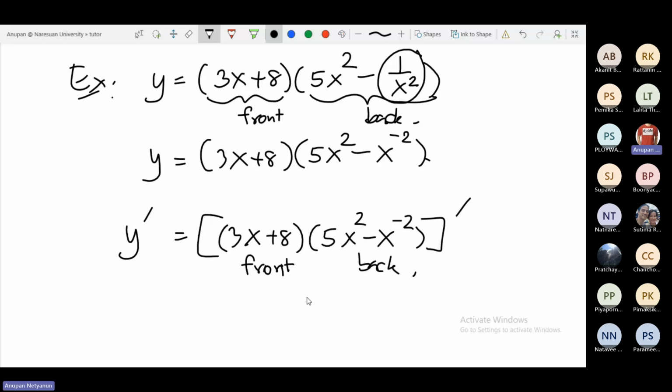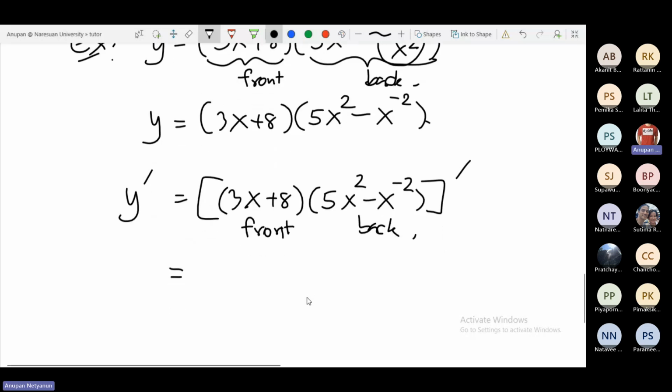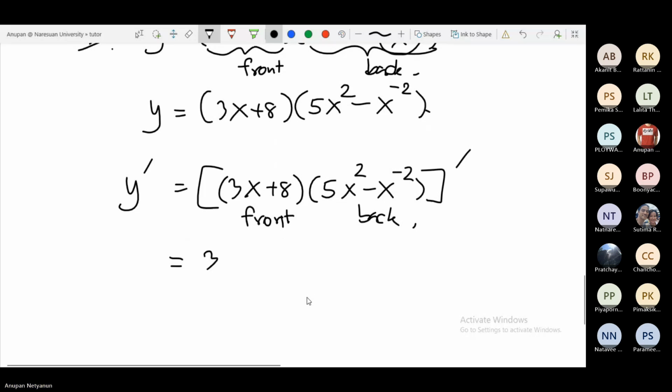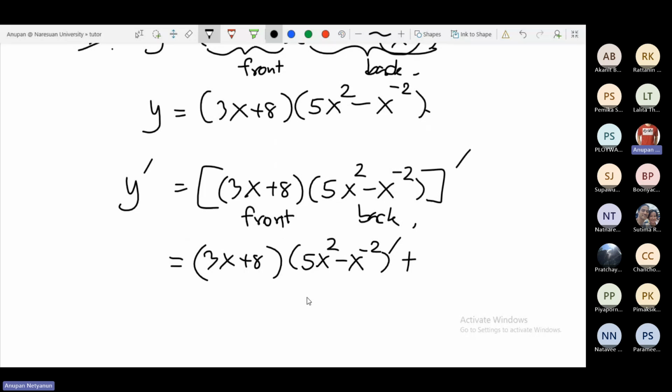So it is equal to front times derivative of the back, plus back times derivative of the front. Okay. This is the same thing.